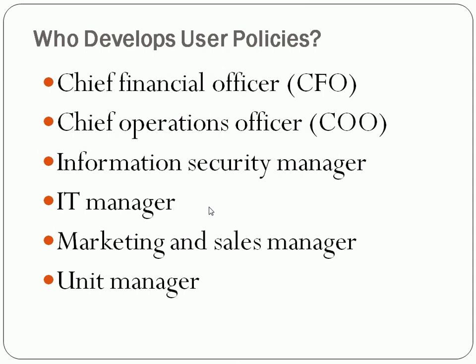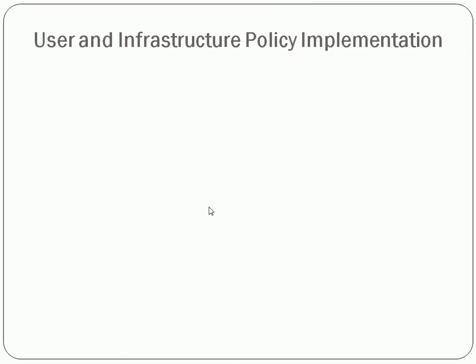So if somebody is caught violating the policy, HR is probably notified, and they're the ones that will have to sit down with the employee and say, hey, you were caught doing XYZ, you were going to this explicit website, this is going to go in your employee file, and if you do it 2 more times, you're going to get let go, or whatever it is. So these are the folks that might be involved, and your book talks in more detail about how each one of these would be involved in the development of user policies.